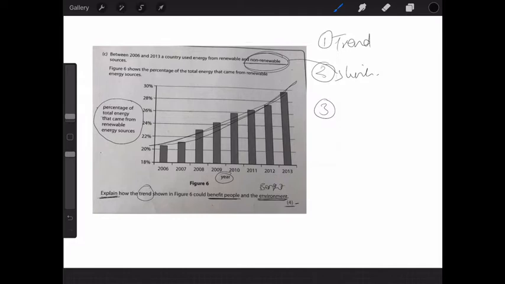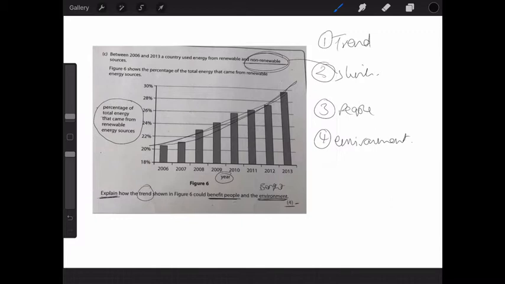1 mark for people, 1 mark for environment. So the benefit for people could be that renewable sources typically have no fuel costs, and so the energy could be cheaper, which would benefit people. And then for that 4th mark, so I did people for that one. For the 4th mark I'm going to do environment.